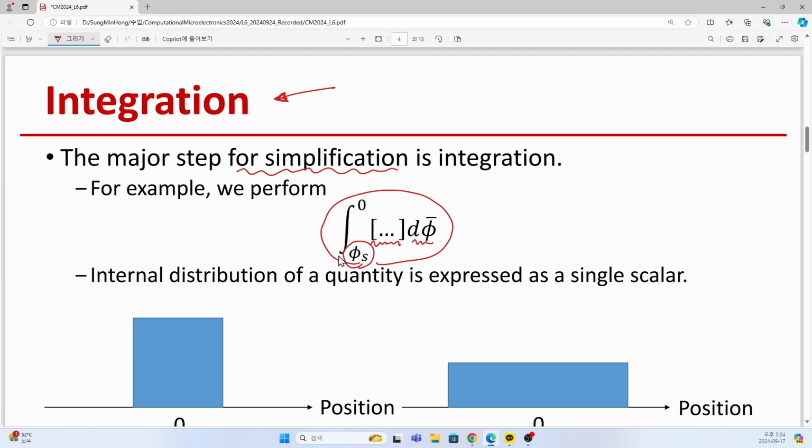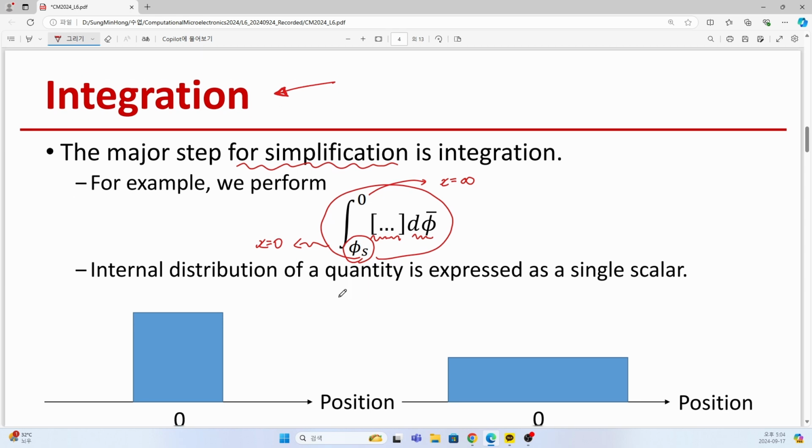This value corresponds to the position x equal to 0, and of course this 0 value for phi bar corresponds to x equal to infinity, the deep substrate. By performing this kind of integration, previously we had certain complicated expressions, but they could be merged into one single expression. So the internal distribution of a quantity can be simplified and expressed as a single scalar.